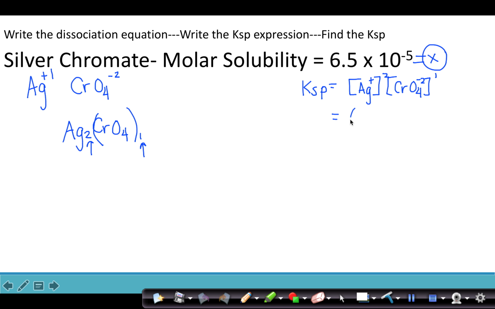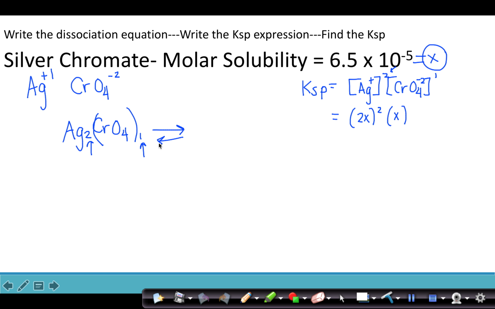I can further go in and say that that's going to be 2x squared, and that's going to be x, because remember, the subscript becomes the coefficient on the product side, which then also is the exponent in the Ksp expression, which is also the coefficient in the law of mass action as we're showing the going up by x. So I'm going to leave that there.